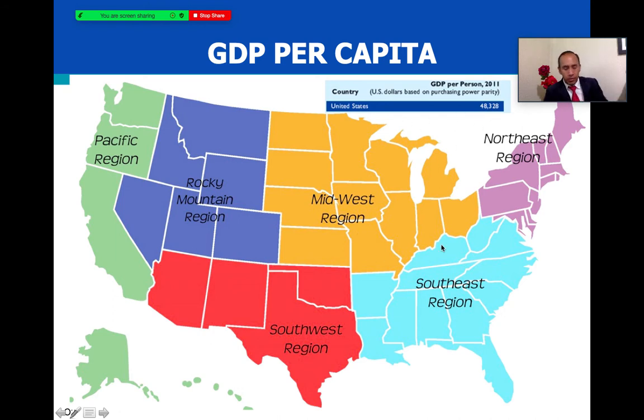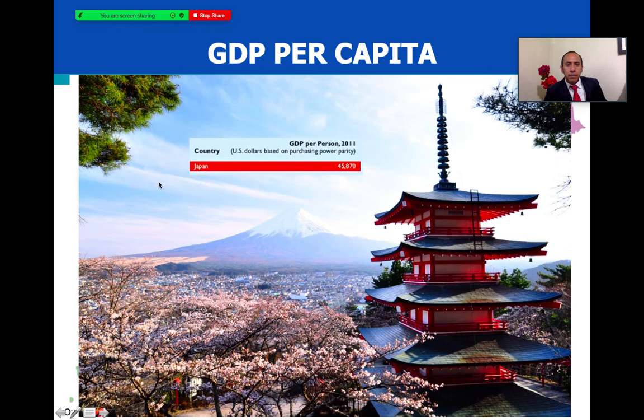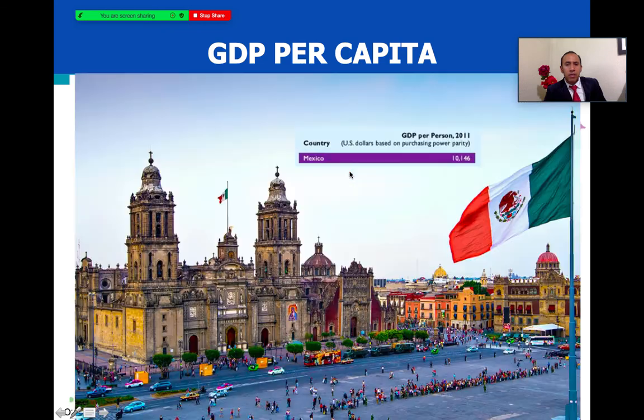It increased by 2015. Japan has a GDP per capita, the level of gross domestic product divided by the population for a specific year. In this case, Japan has approximately $45,000.